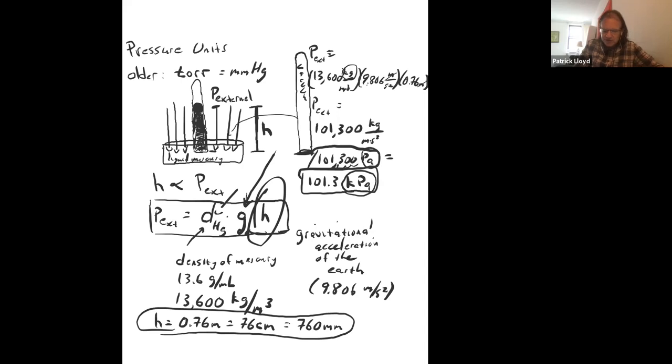So that's not the exact value because I didn't use the right number of sig figs on g and on mercury, but let me give you what the values are. We're going to call it 1 atmosphere pressure. That's the sea level situation.